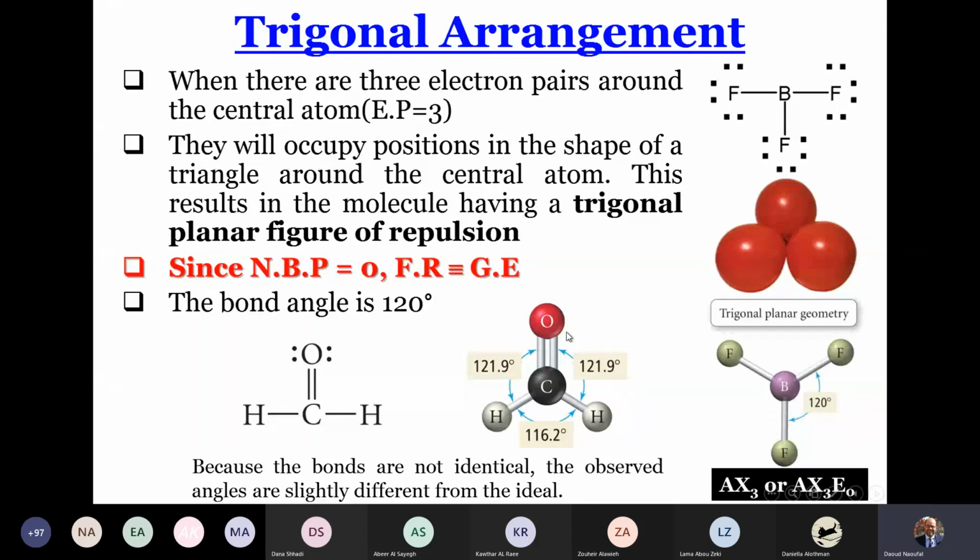But when we have different outer atoms, we say that the angles are close to 120 degrees, and in this case they are 121.9, 121.9, and 116.2. Why is the angle OCH greater than HCH? Since the repulsion between the bonding pairs C=O and C-H is greater than the repulsion between the bonding pairs C-H and C-H.